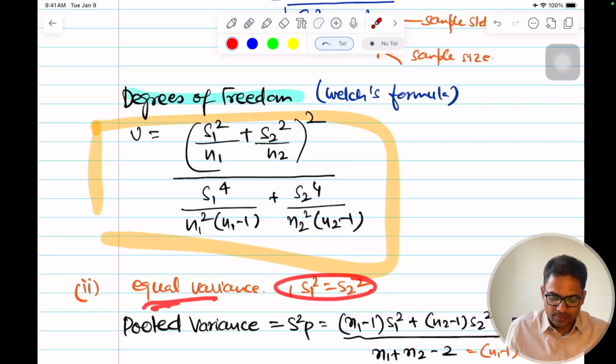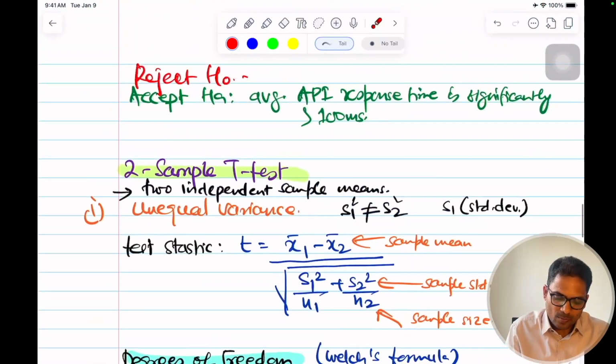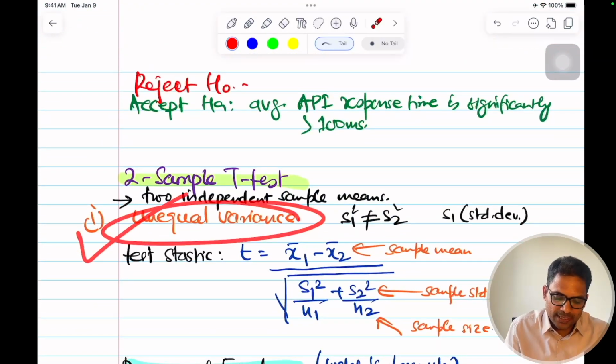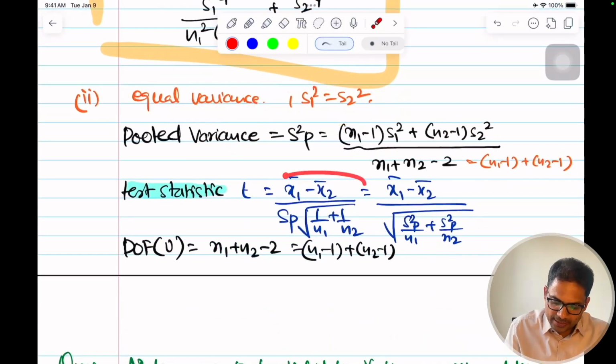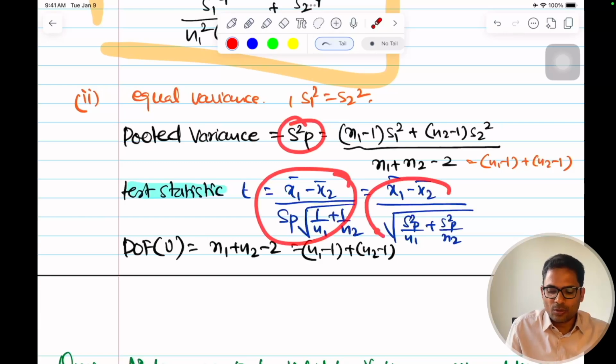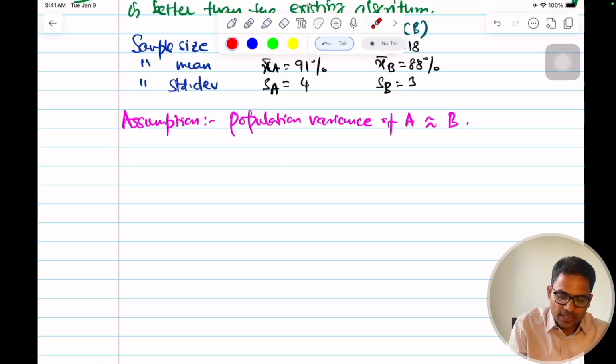The first one was unequal variance, the second form was equal variance. I'll use this test now, so this will be my test statistic. For this, I need to calculate the pooled standard deviation, and then plug all the values into the formula. This is just simple maths, so let's do it quickly.